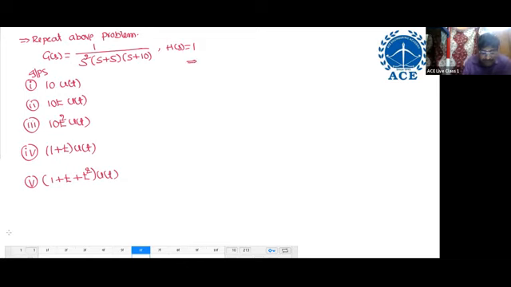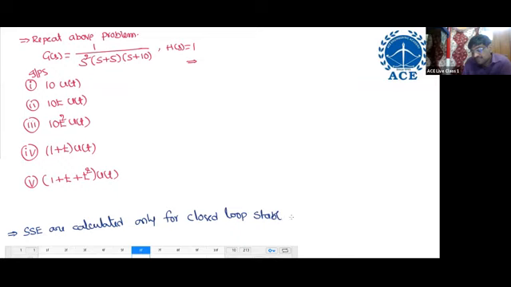Steady state errors are calculated only for closed loop stable systems. Check it, is it stable or not?